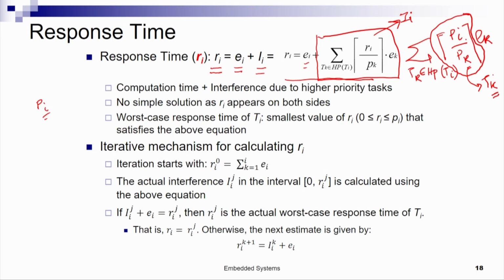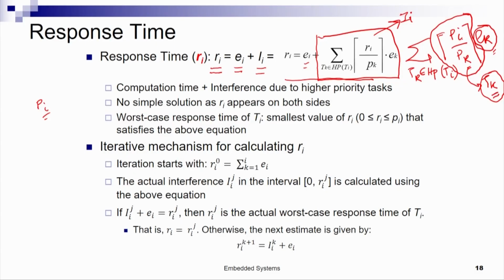This many times Tk will come for execution within the period Pi, and each time it comes, it will take an execution time of Ek. So, Ek is the execution time of Tk. Each time it comes for execution, it will consume an execution time Ek within this period Pi.